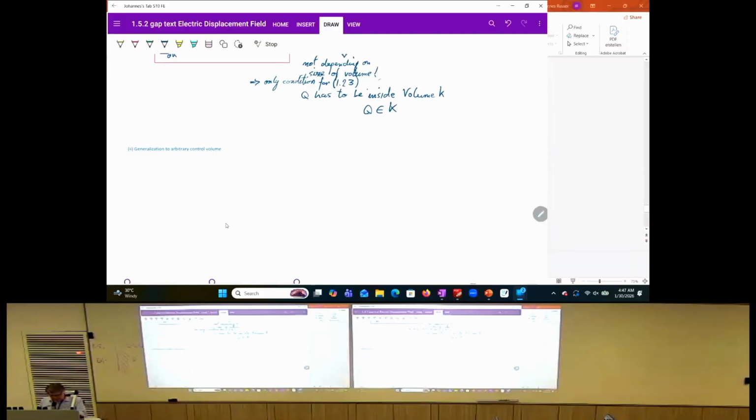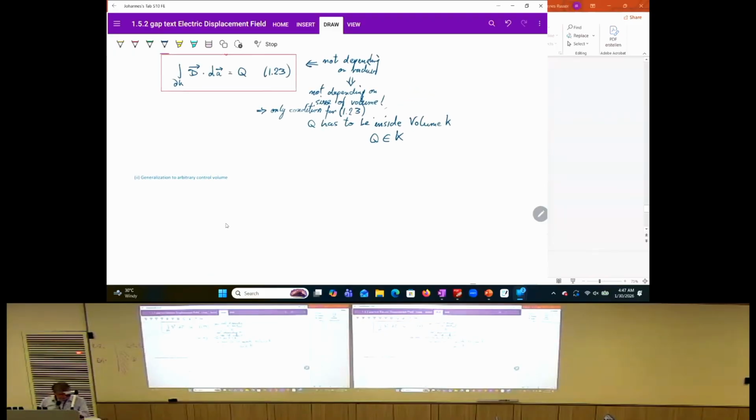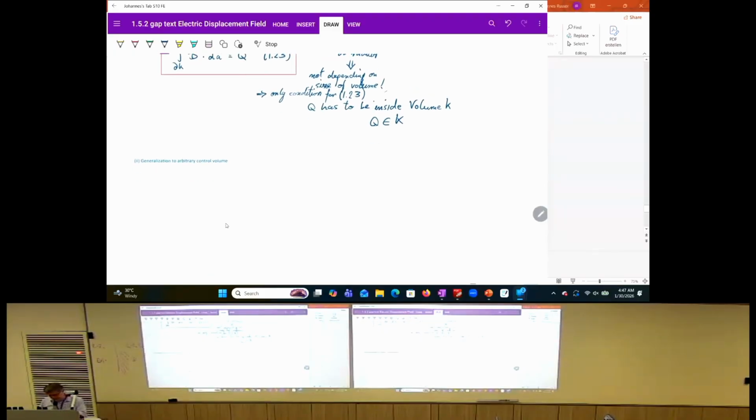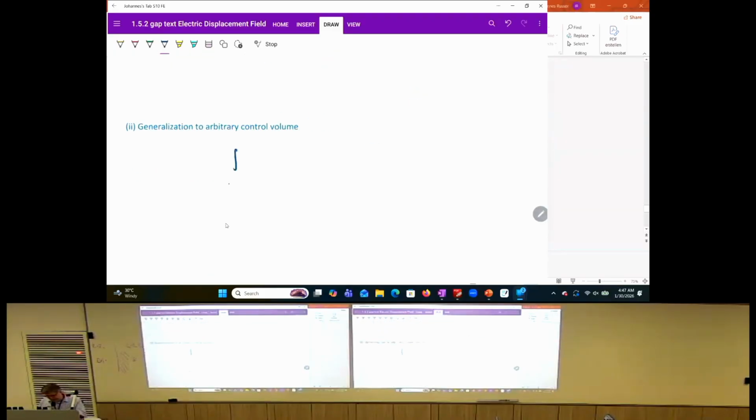So we have the case that an arbitrary volume we integrate over the enclosing surface of that volume, only the enclosing surface.